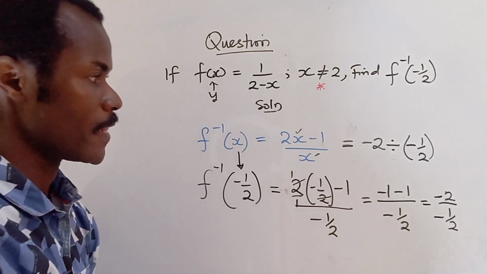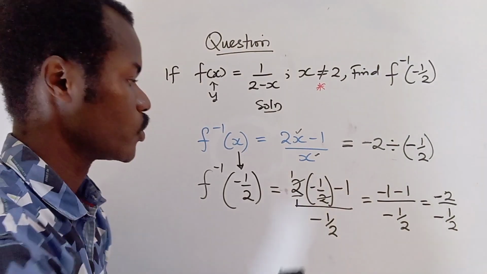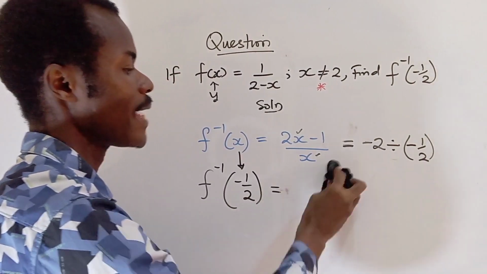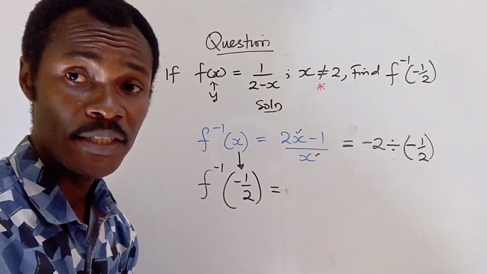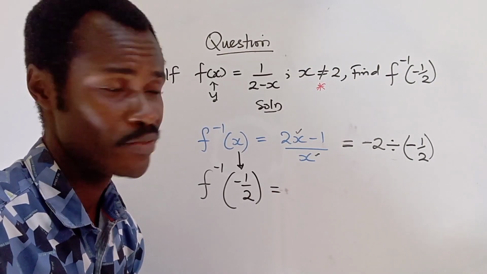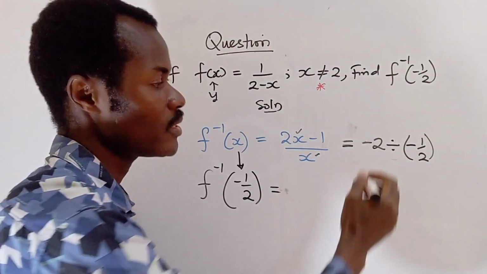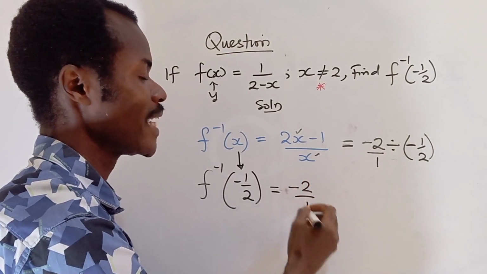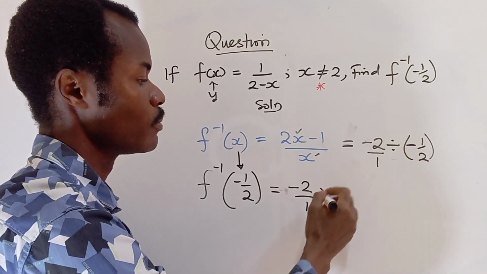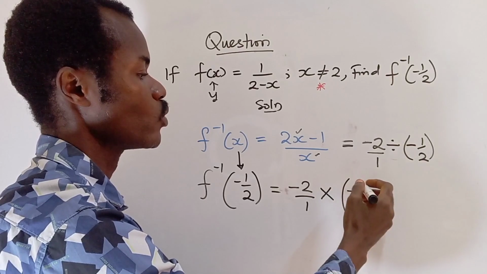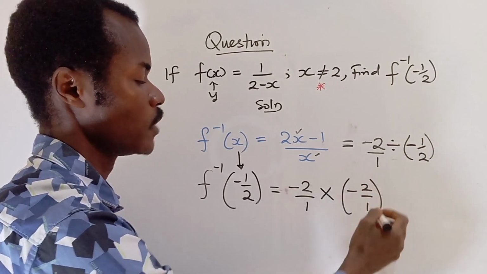Now, how do we solve minus 2 divided by minus half? We are going to apply the principle of division when solving fractions. So I can say this is minus 2 over 1. I'll keep that, this will change to multiplication, and we're going to rotate this. So I'm going to have minus 2 over 1.